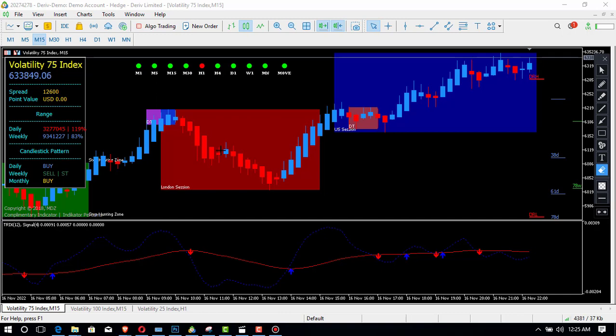But on my system, we have to make a decision to enter the market, as I told you, by using those symbols that I am showing you. So let's wait a moment. Let's wait for the arrow here.